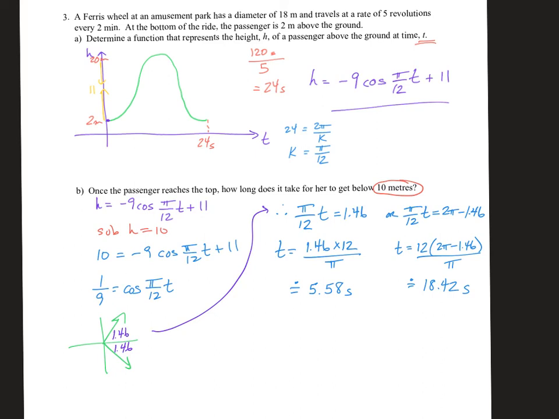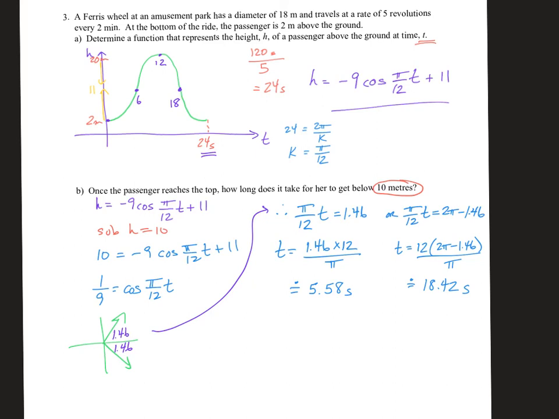If I went back up to my graph and broke it up into its quarters, if the full period took 24 seconds, then each quarter has to take 6 seconds. So for me to go from the bottom up to the middle is going to take 6 seconds. The middle to the top will take another 6 seconds. The top to the middle will take another 6 seconds, and then we get to the bottom.